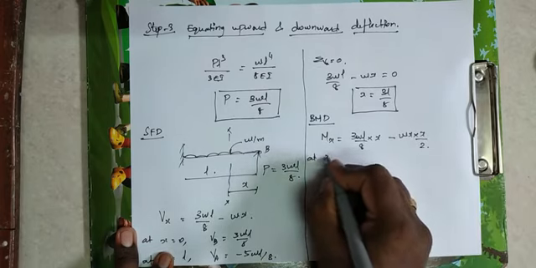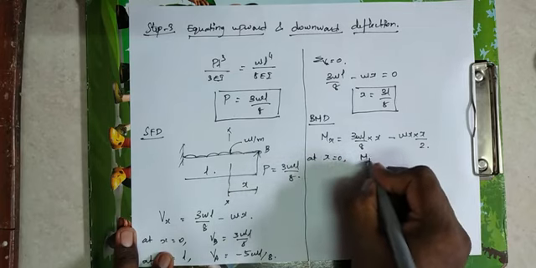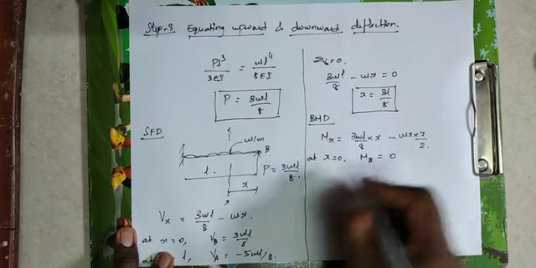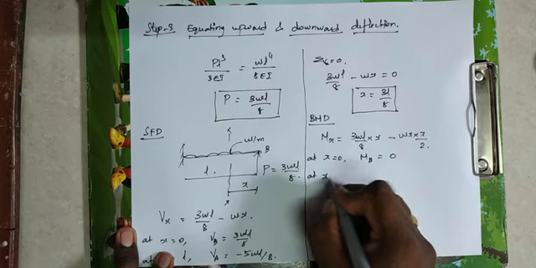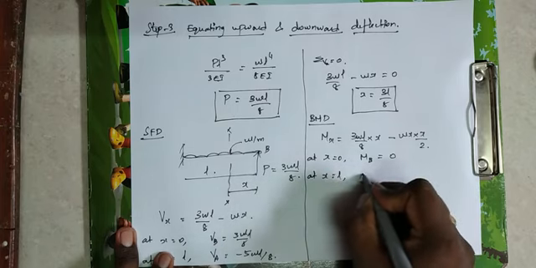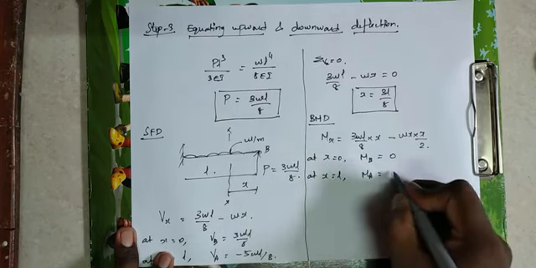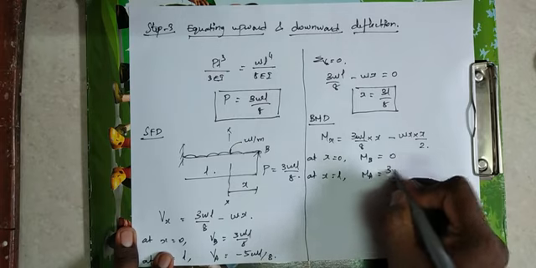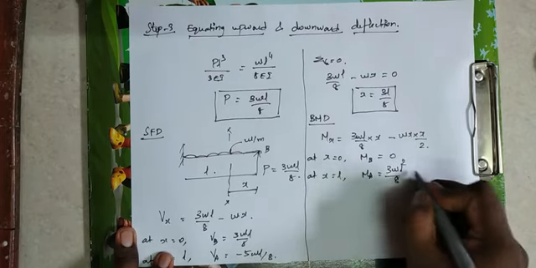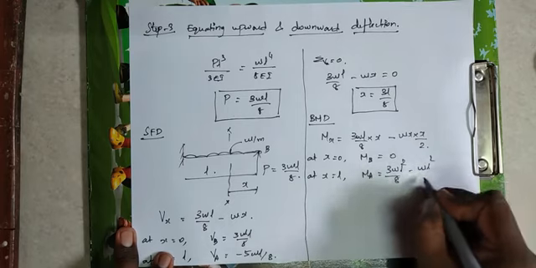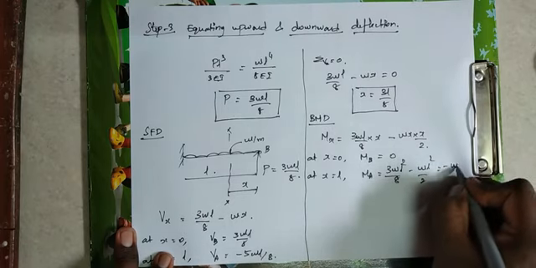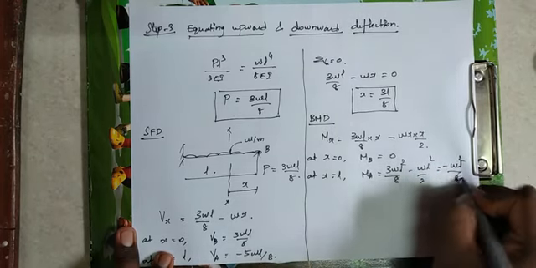At x equal to 0, that is moment at B, it is 0, and at x equal to L, moment at A we will get as 3WL square by 8 minus WL square by 2, equal to minus WL square by 8.